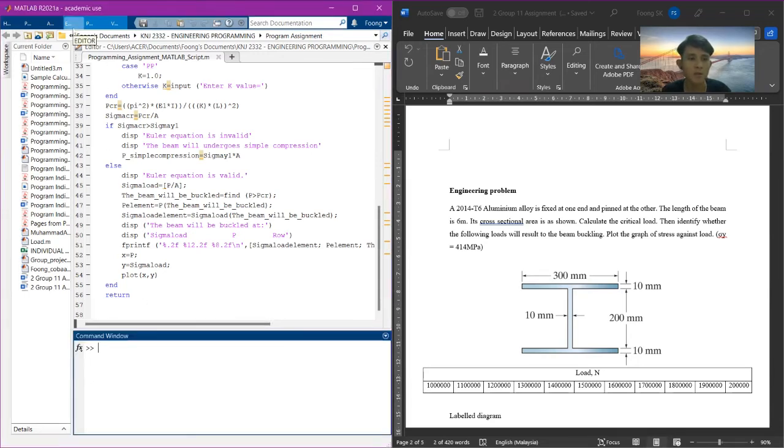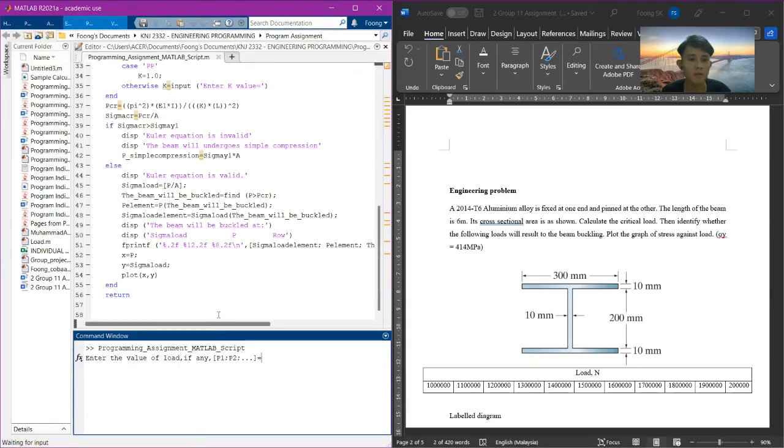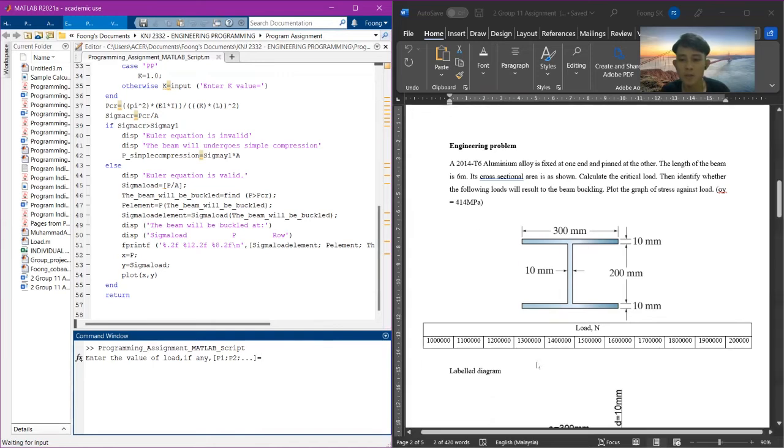Firstly, we must save our script first and run it, and from here we can see that we need to input the value of load. From the question we can see that the load is from 1 meganewton to 2 meganewton with the increment of 100 kilonewton, and we can type it in this form.